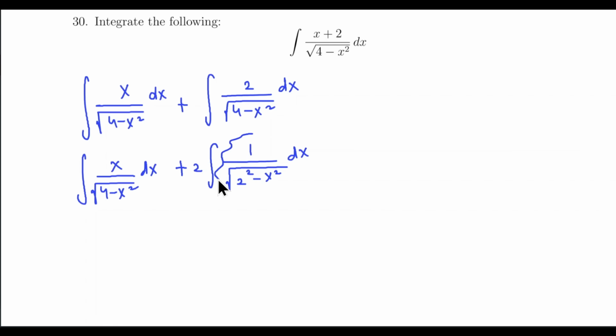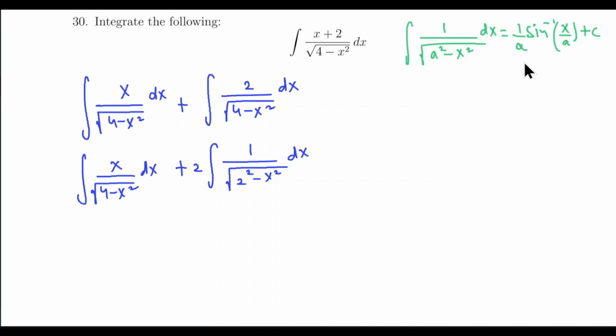And I'm not sure if you're able to recognize this, but this is a sine inverse x situation, because integration of 1 over square root of a squared minus x squared dx is sine inverse x over a plus c. Guys, I have seen some of my students making this mistake that they write 1 over a sine inverse x over a plus c. No, it's not.